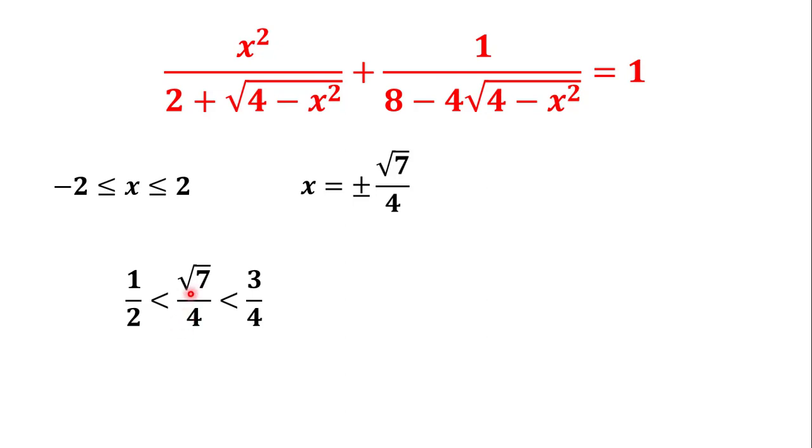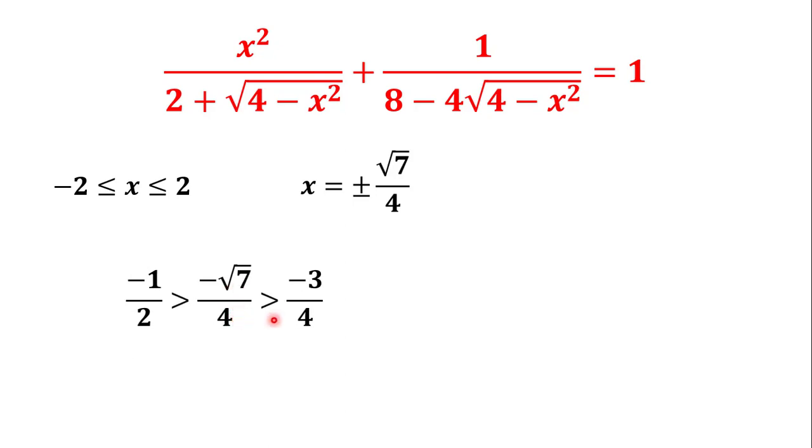So we can say the square root of 7 over 4 is in this range. If we multiply every side by -1, we're going to get minus radical of 7 over 4 is less than -1/2 and greater than -3/4, and this answer is in this range.